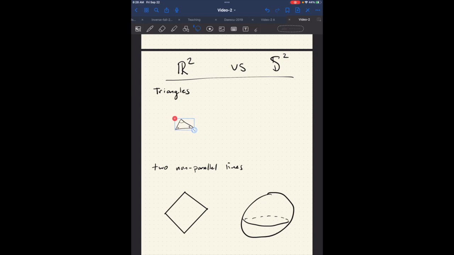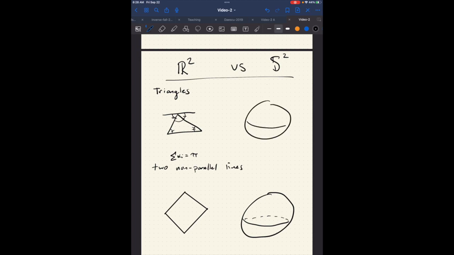So I could have a small triangle with the same angles or a large triangle with the same angles. And of course we know that in the plane, the sum of the interior angles is going to be pi. We can see this by drawing a parallel line through the opposite vertex and using alternate interior angles. But this is not the case on the sphere.